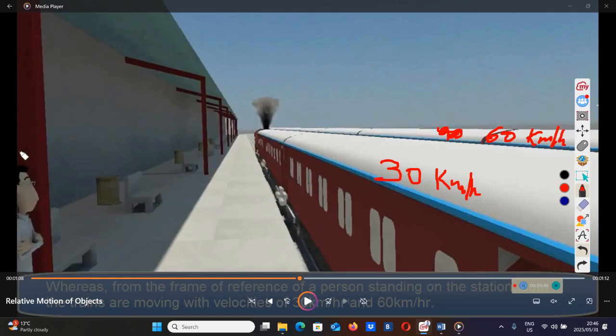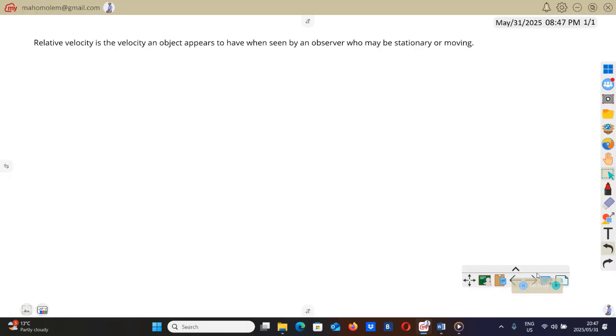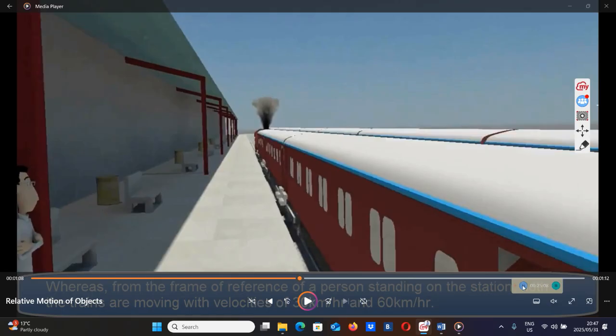This time the observer is not in motion, therefore he is going to see this train moving with 30 and then this one with 60 because he is stationary, he is not moving. So now let's go to a different perspective.